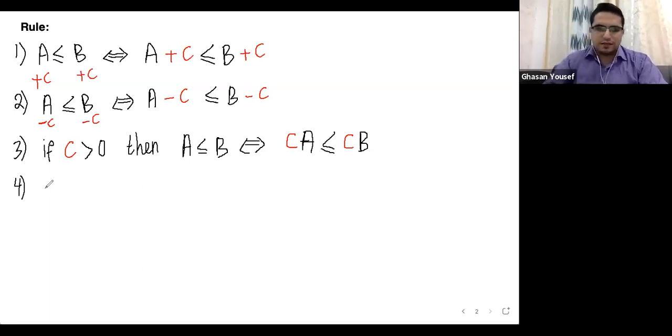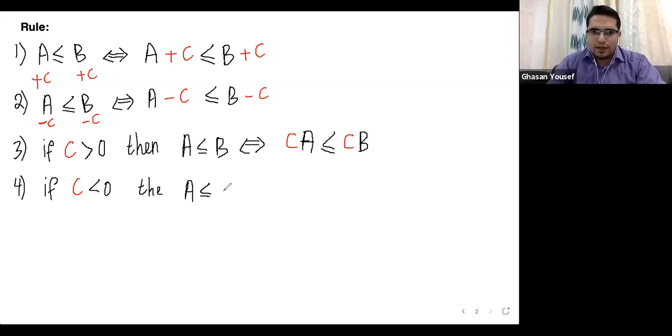But now if the number is negative, for example, if C is less than 0, and I have an inequality A less than or equal to B, and I would like to multiply this inequality by this negative number, then the symbol for less than or equal will be changed to greater than or equal.